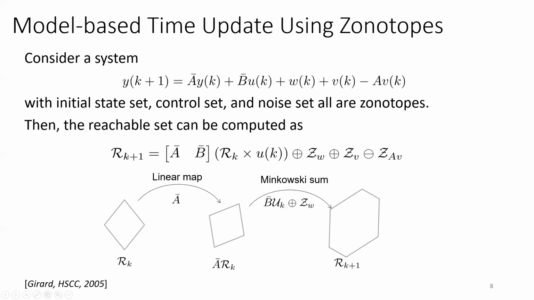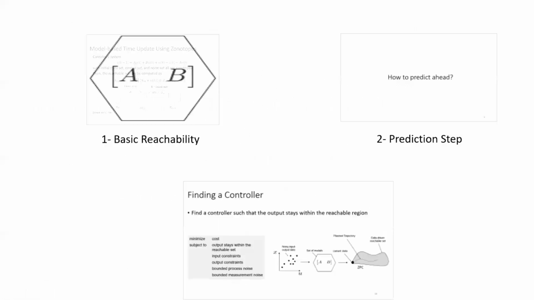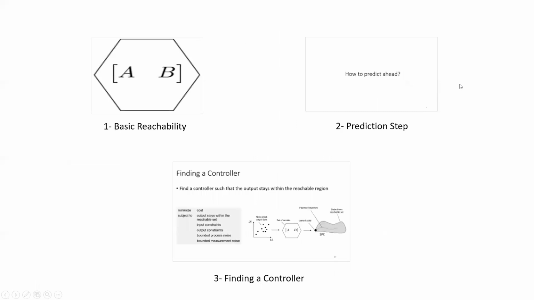And to compute the reachable region for y, we will have the model multiplied by the Cartesian product between the reachable region and the control input, Minkowski sum, the noise Zonotope. We assume the noise is bounded, but we don't assume a distribution for the noise. Next, we will see how to predict ahead.